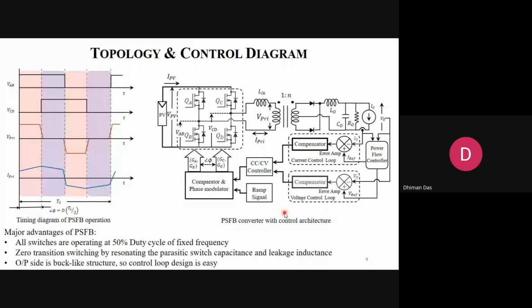So as the diode is conducting, the voltage across the switch becomes zero.